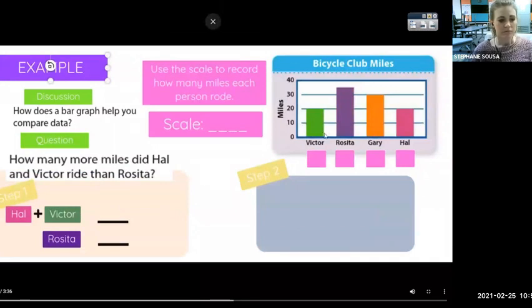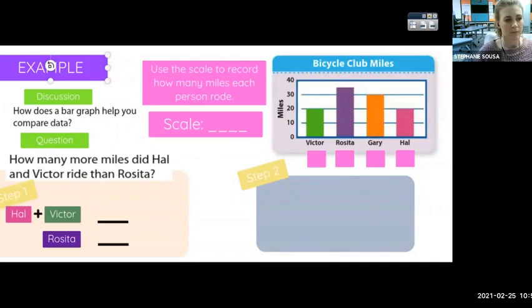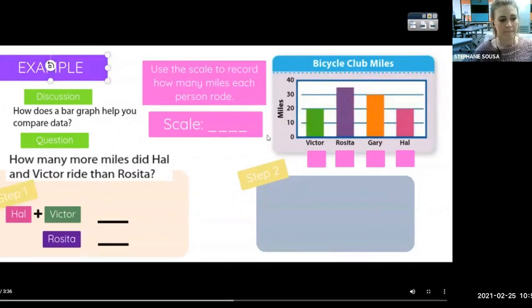Have a discussion with your class. How does a bar graph help you to compare data? How does a bar graph help you to see data? Steve, help me out. How does a bar graph help us see data?